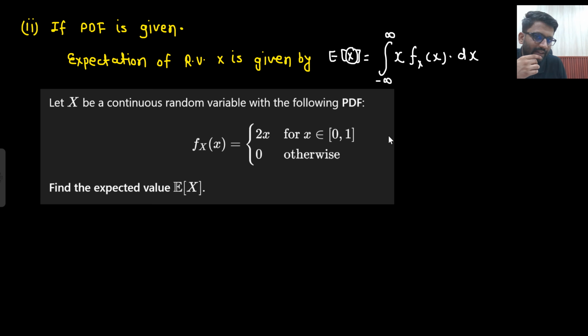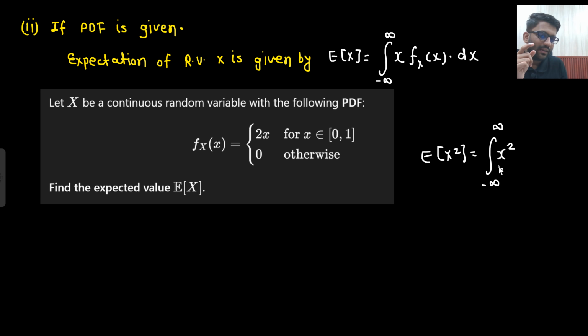So whatever the function is written inside, just write it in small x. Let's say in the bracket, if x square was written, what would I have done? Whatever the function written here, write it in small x.